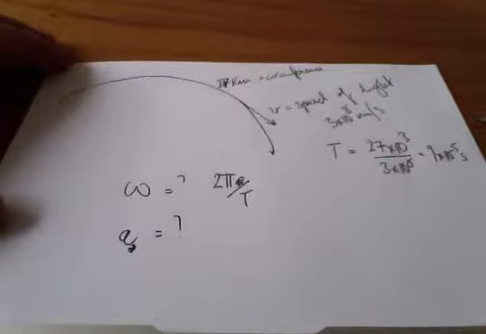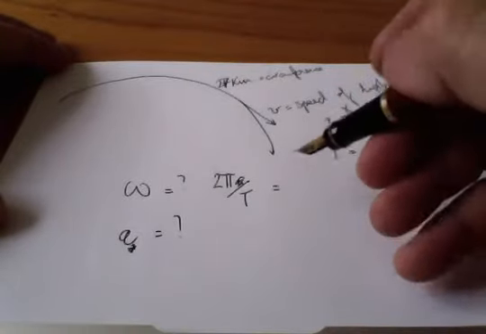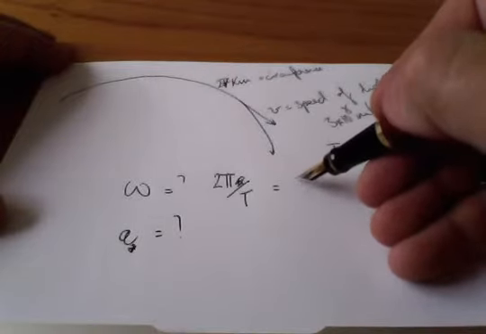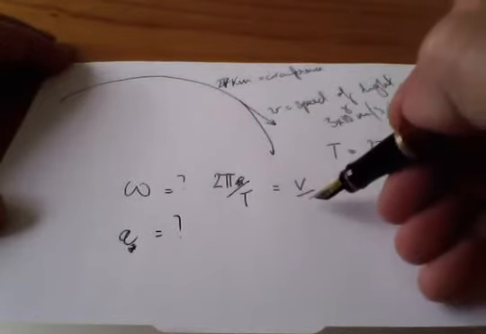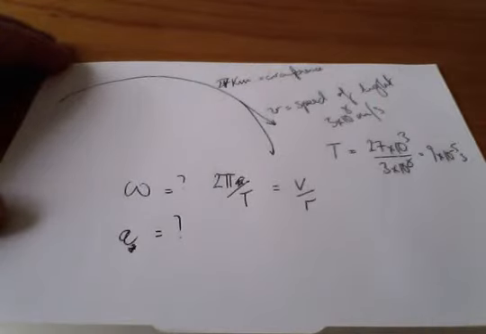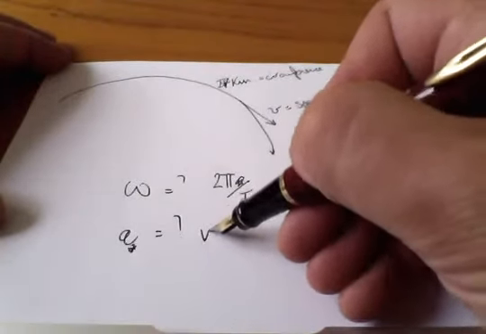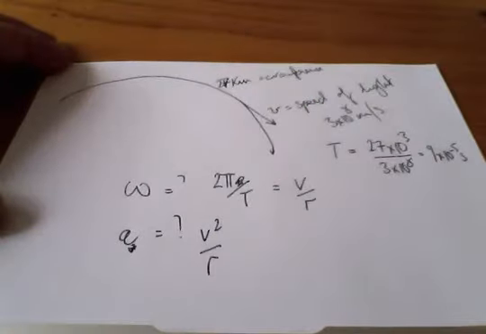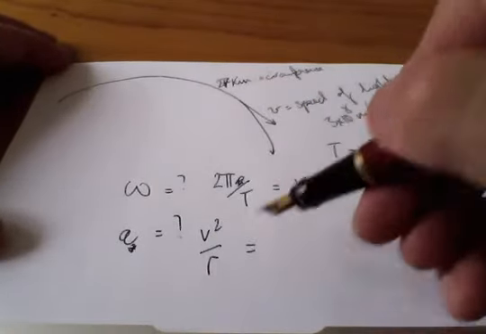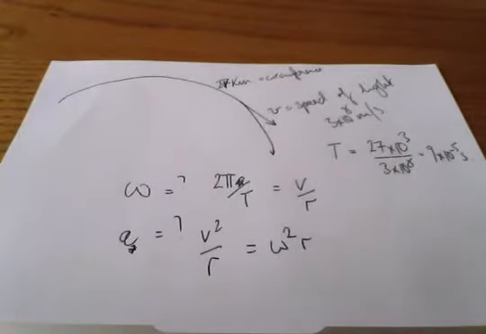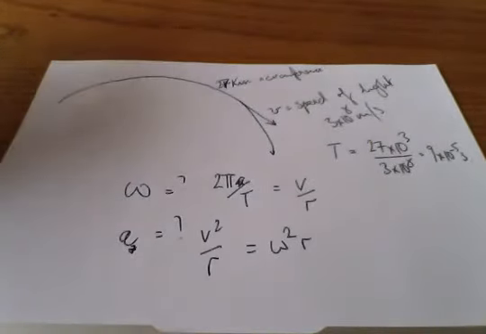Or indeed, I can say we have v divided by r, velocity divided by the radius. Similarly with the acceleration, we can say I've got v squared divided by r, or indeed omega squared multiplied by r. But either way, we need to find some value for r.